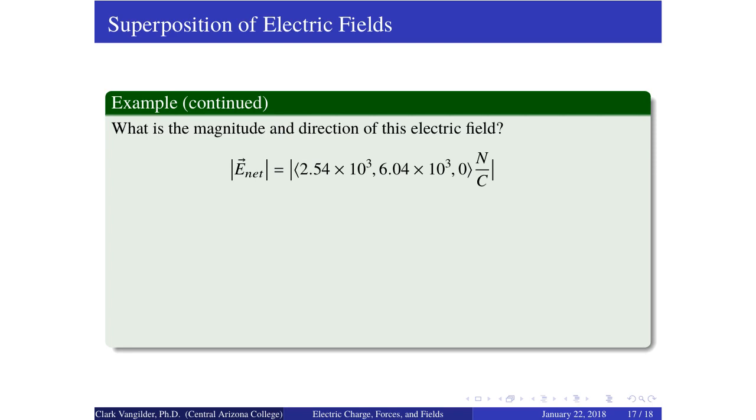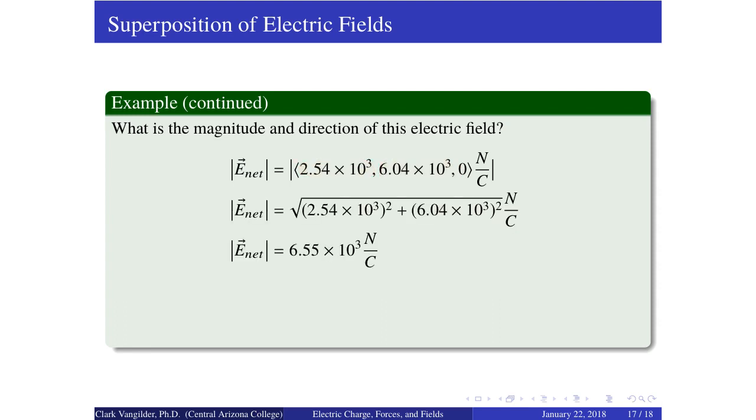Hopefully you remember, magnitude of any vector means take this thing, square it, take that thing, square it, add them together and square root that, and you will have the magnitude. So our next step is doing exactly that, and we get the magnitude of this field, 6,500 newtons per coulomb. It's the net effect, if you will, which is a lot.